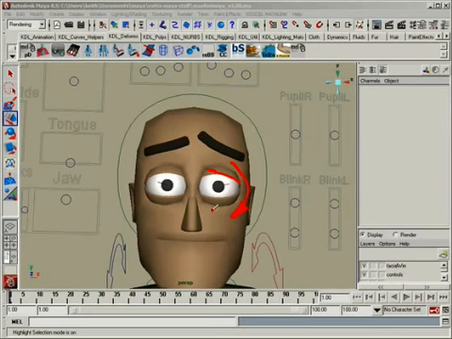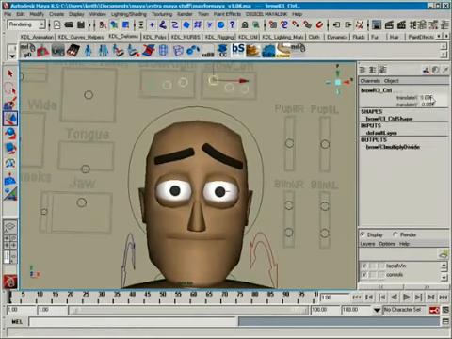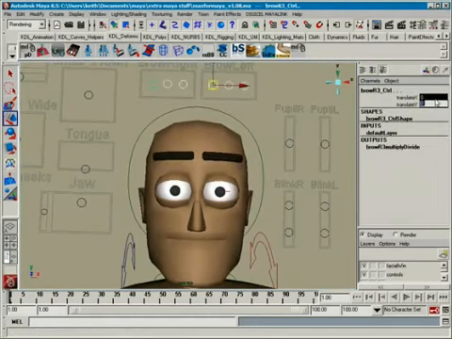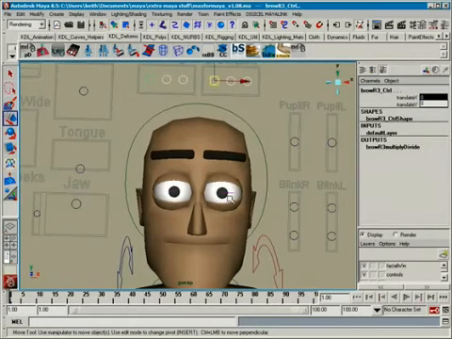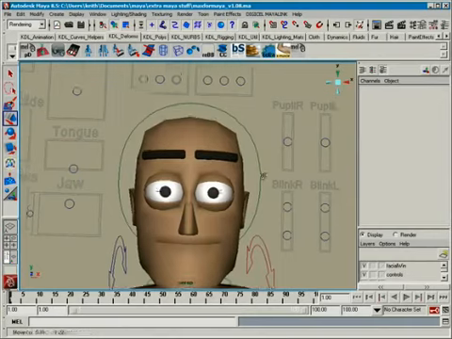Or you can take this bottom lid and you can rotate it like that. If you can get simple Z rotation on just even the tilt of the lids, that's really helpful. And that would be probably one suggestion I would make to the person who rigged this, is to just give us the ability to spin these lids so that we can shadow what's going on here with the brows. All right, to kind of help reinforce it.